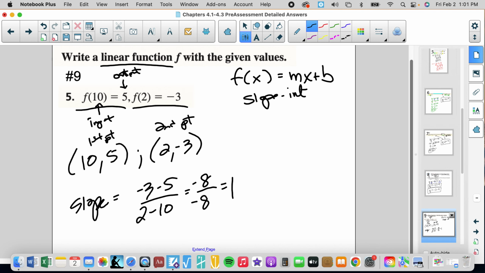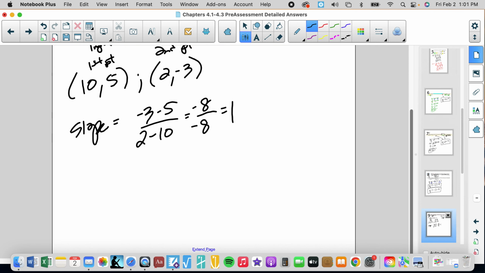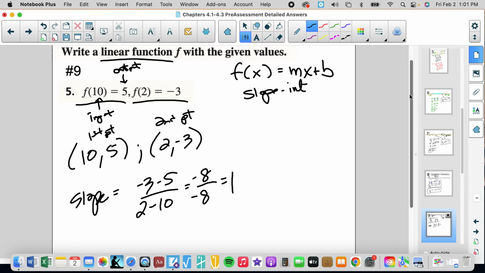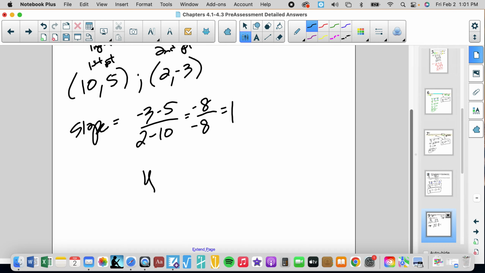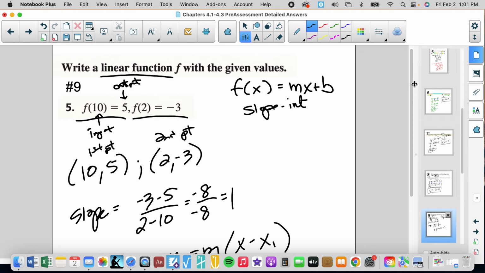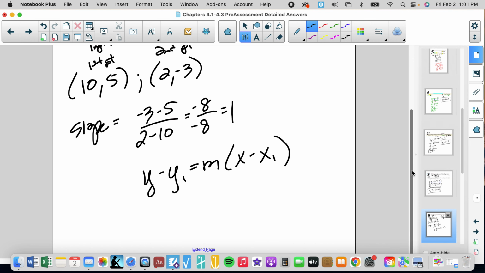Now neither point is an intercept. They finally didn't give the y-intercept. So I'm going to use y minus y sub 1 equals m times the quantity x minus x sub 1, because I'm given a point. In fact, I'm given 2 points and the slope.